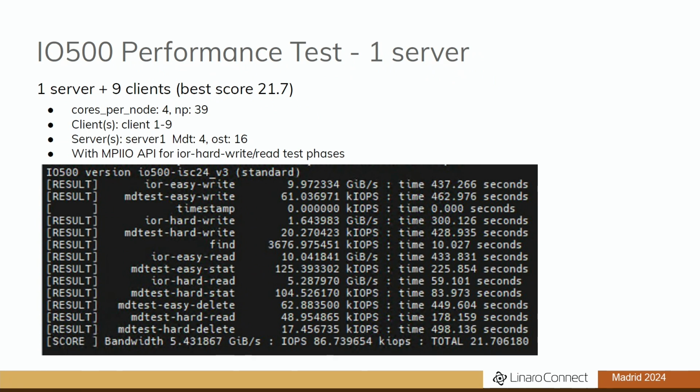According to their report, their best score is 33, because the HiSilicon guys ran the IO500 test before on CentOS. We ran our test on openEuler. The best score they got is 33.